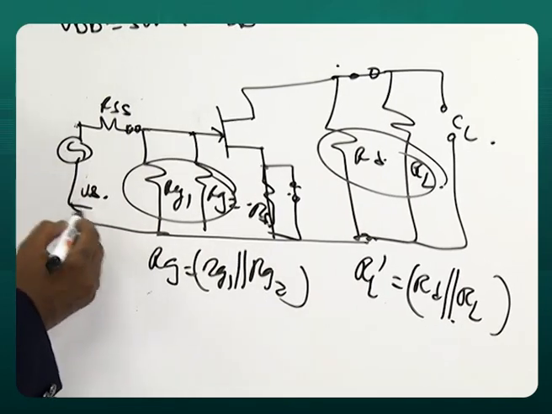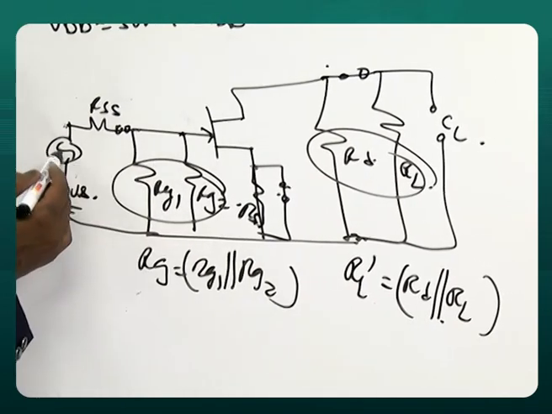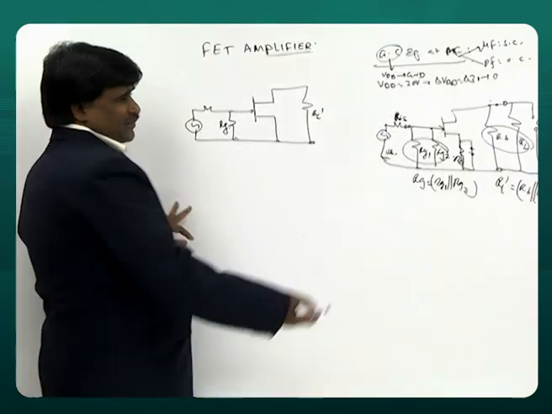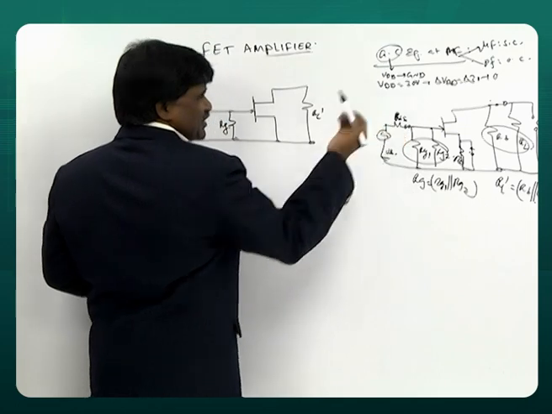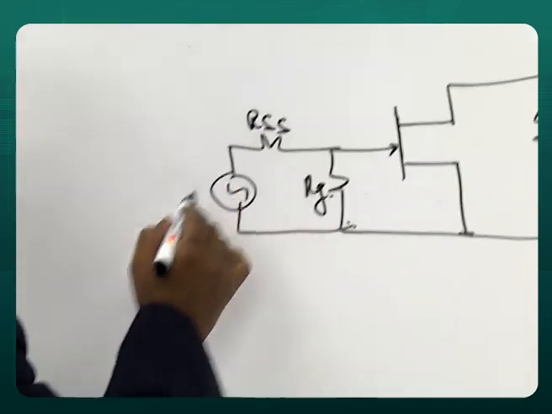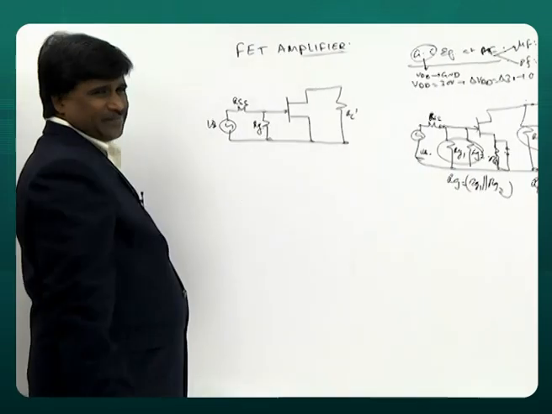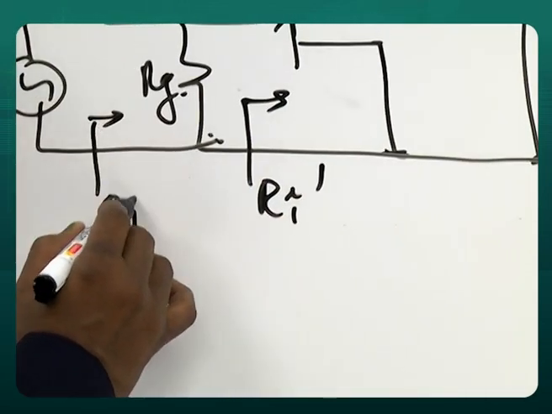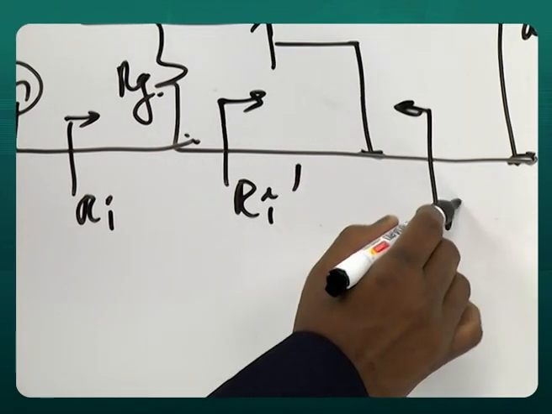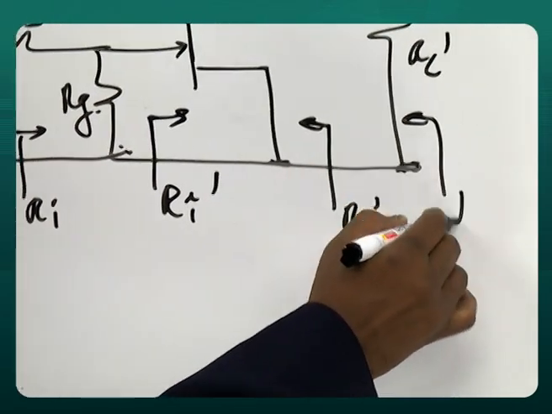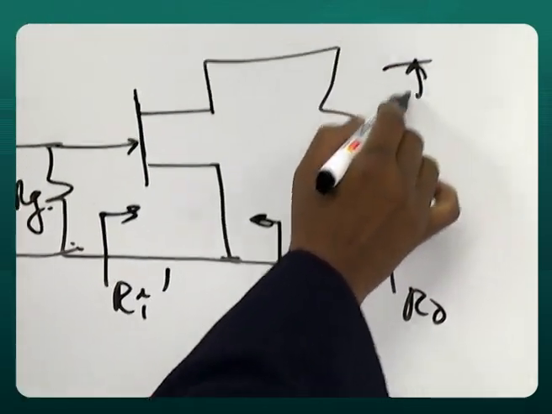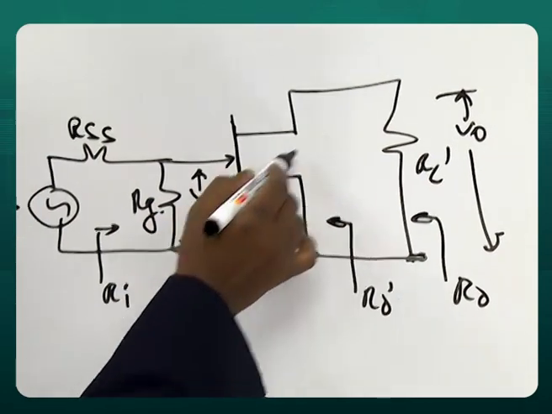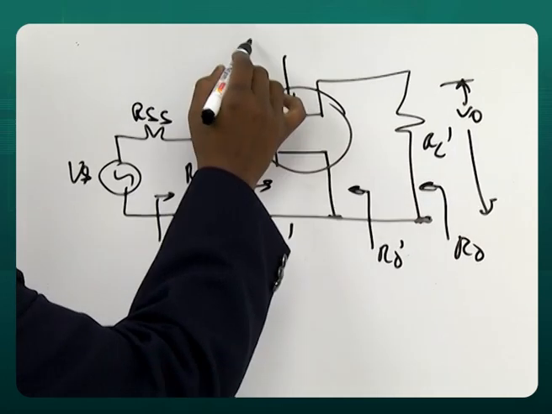You know why? To say signal source resistor. So this is RSS. This is VS. Call this Ri dash, call it Ri, Ro dash, Ro, Vo, Vi.